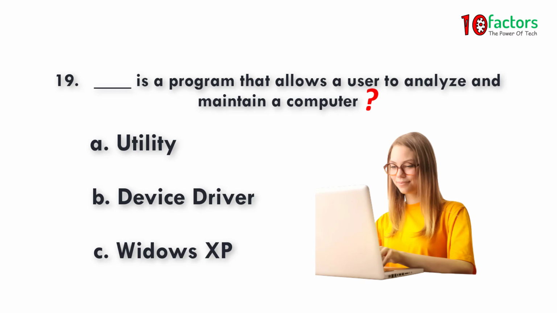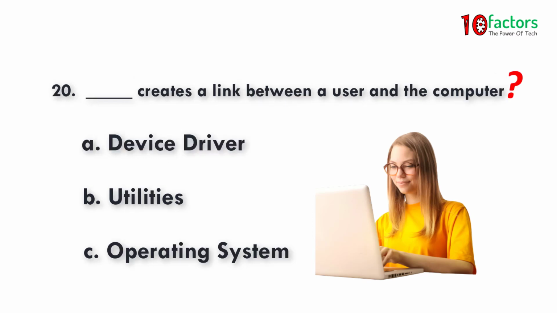A. Utility. B. Device driver. C. Windows XP. Right answer, A. Utility. Question 20. Creates a link between a user and the computer. A. Device driver. B. Utilities. C. Operating system. Right answer, C.